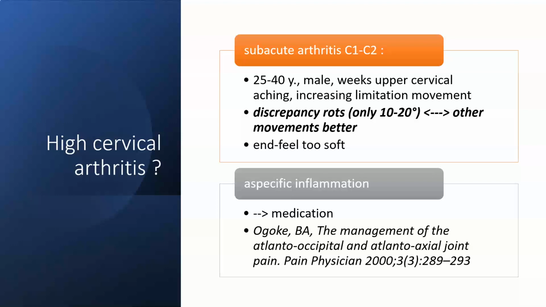Rotations are very limited, but if you think of an internal derangement causing a lot of limitation of rotation, then at least extension or flexion should also be impaired. And here we don't see that. So you find a strange discrepancy. The end feel is quite soft. So actually this is an aspecific inflammation. So it's also not frequent, but keep that in mind.